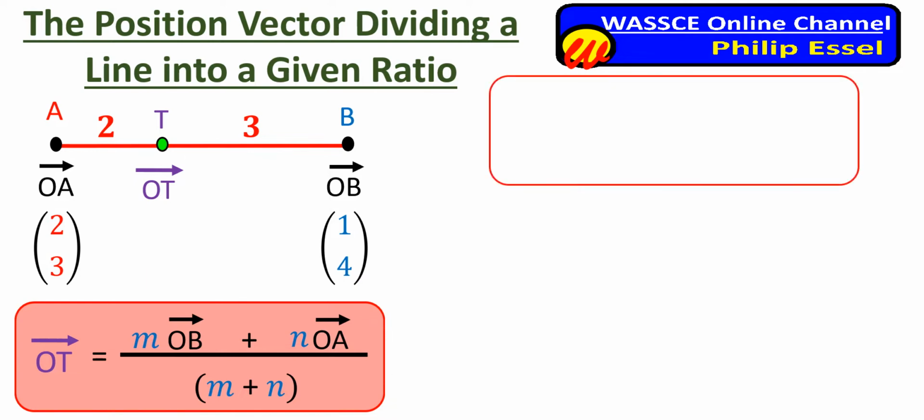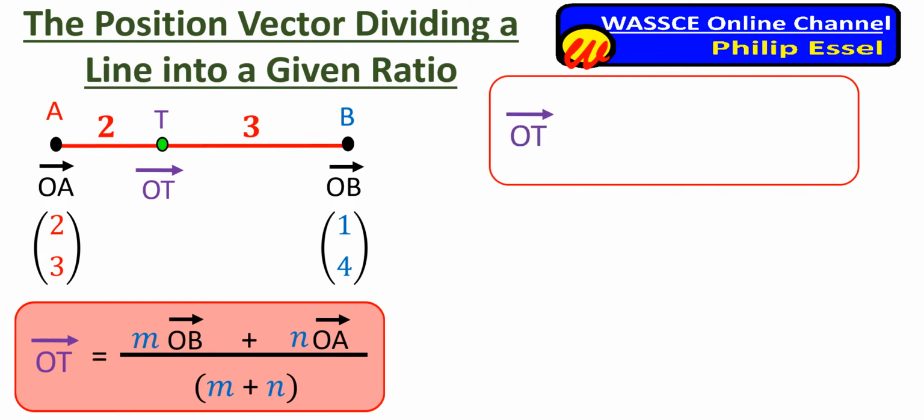So using the following information, let's look for the position vector OT of the point T, which divides the line segment AB into the ratio 2:3.